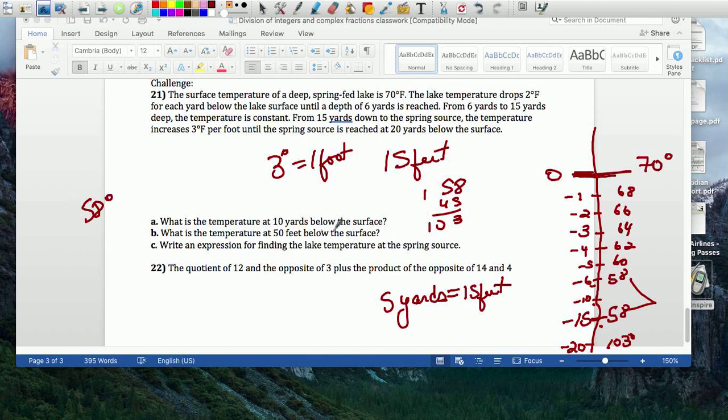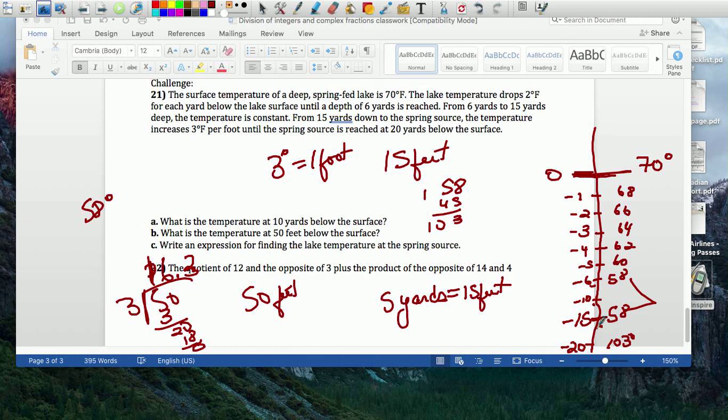With a temperature of 50 feet below, 50 feet, let's divide that by 3 to find out the yardage. 50 divided by 3 is about 16.3 yards. 16.3 yards is going to be 58.